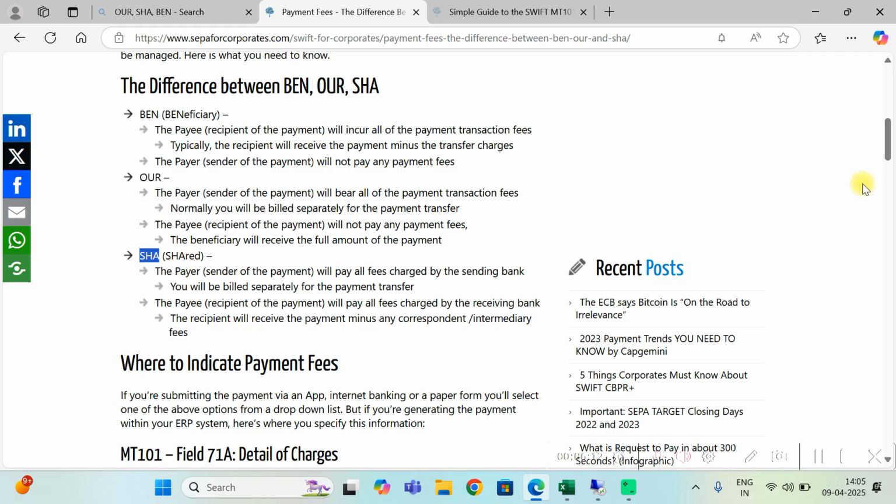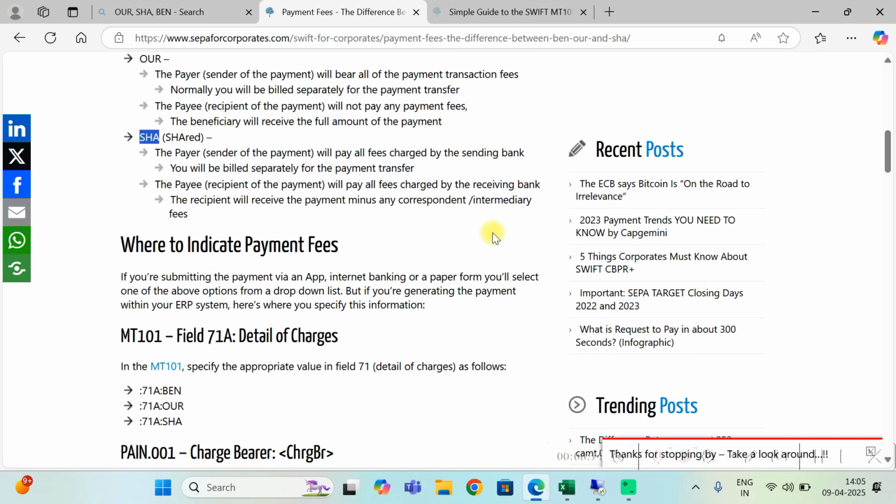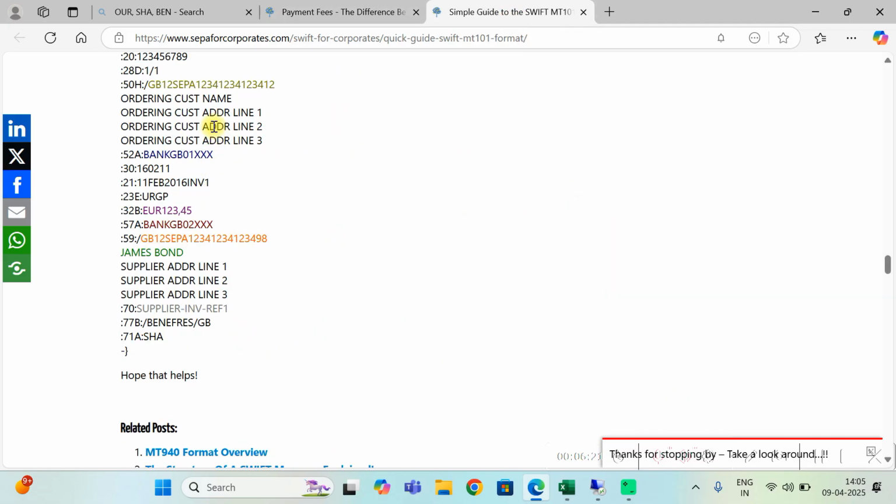And this you have when you're using the MT101 format, in the tag 71A. This you have to show. So here, this is the format. Here you have to pass the value.